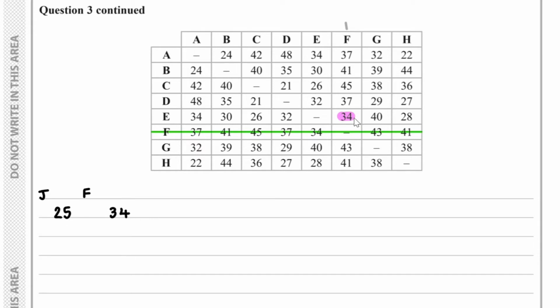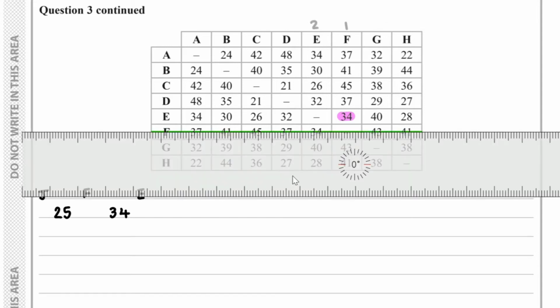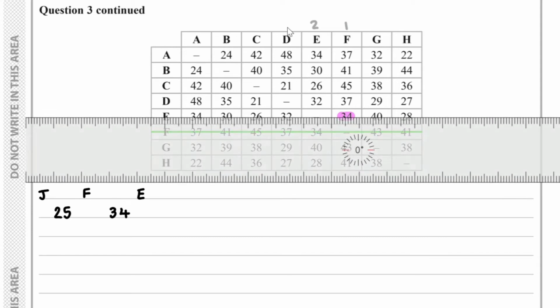And that will take us to E. So, we write a number 2 above E and also delete row E.